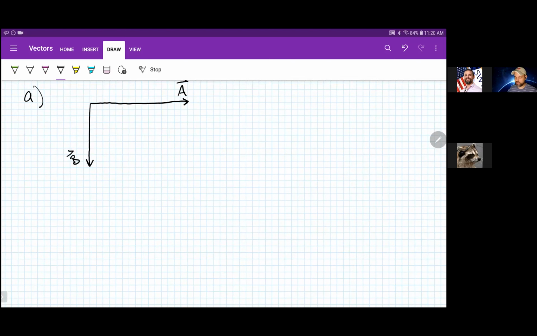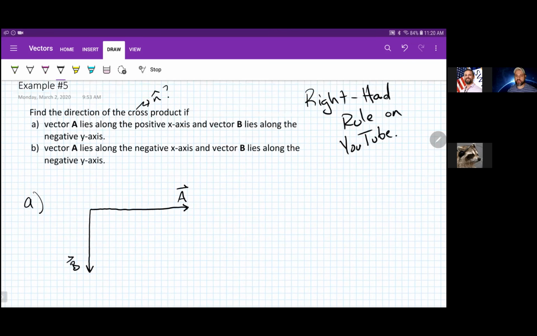And so how do we draw this on a graph? We use an arrowhead. If it's going into the page, we're seeing the feather end of the arrow. When it's coming out of the page, we draw it like this, like the point of the arrow's coming at us.